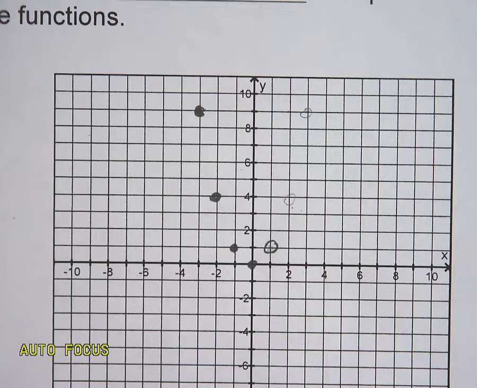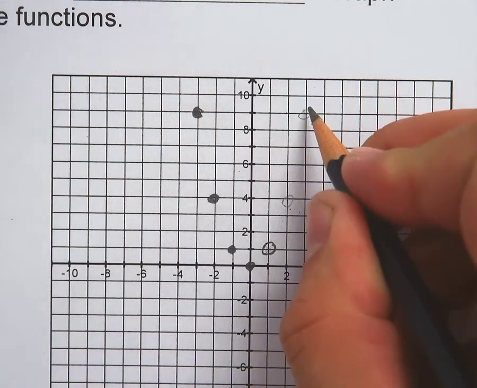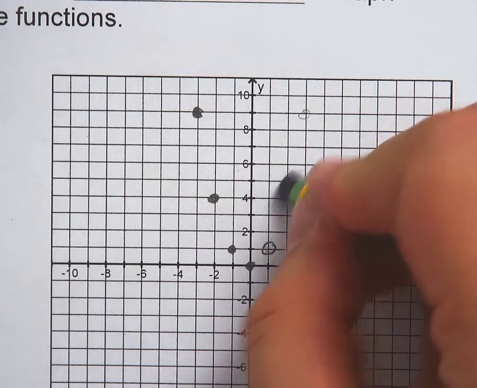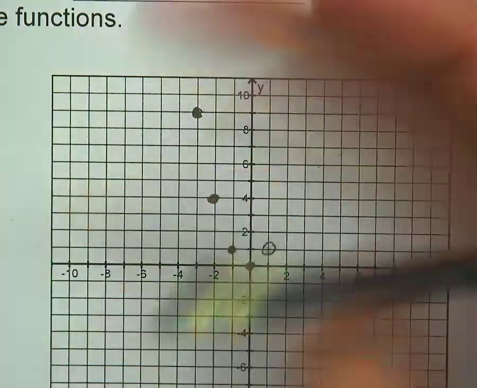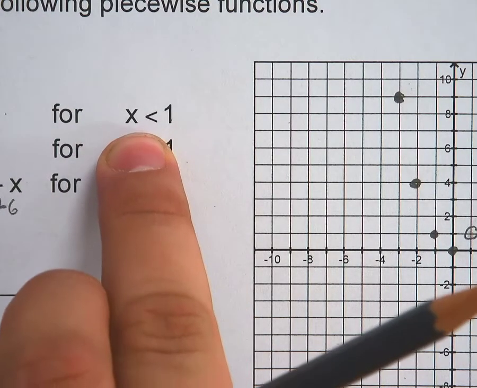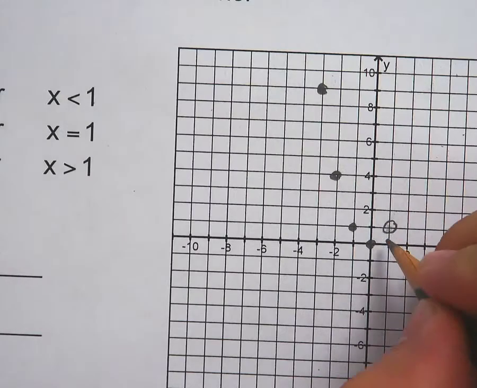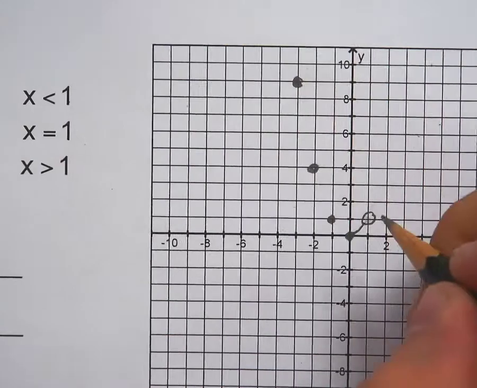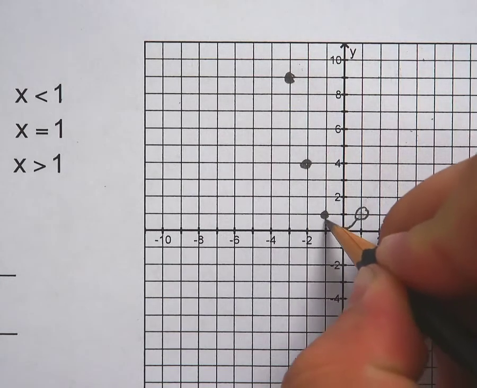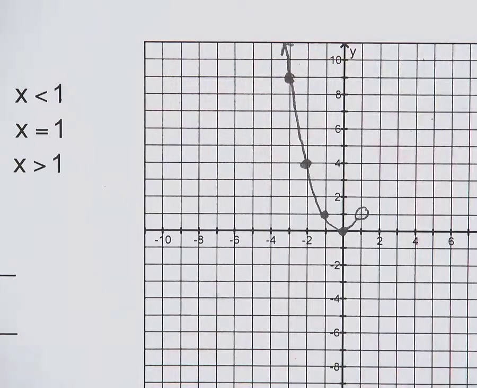It would have gone up like this, but it doesn't exist anywhere else except for when x is less than 1. So when x is less than 1, I'm going to have my parabola. So it looks like this, and it keeps going forever.